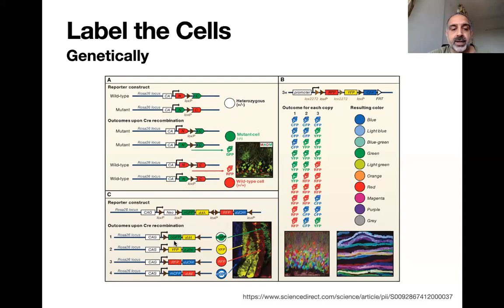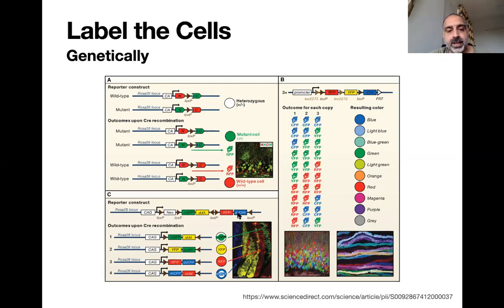Here, for example, if you recombine out this unit, the blue and red unit, you're left with green. YFP is facing the other way, and so that won't be expressed. If you recombine out this unit, but flip this unit, you get YFP and so on. And this is kind of stochastic.